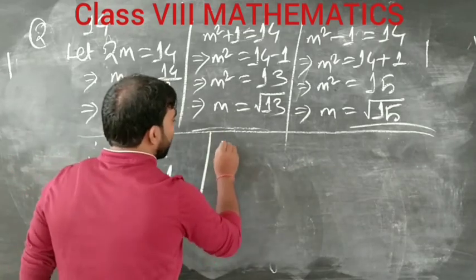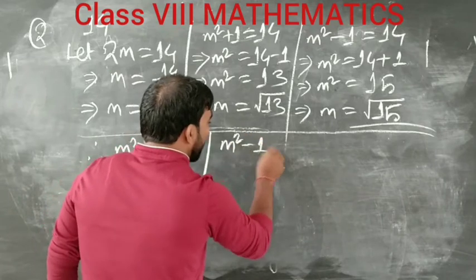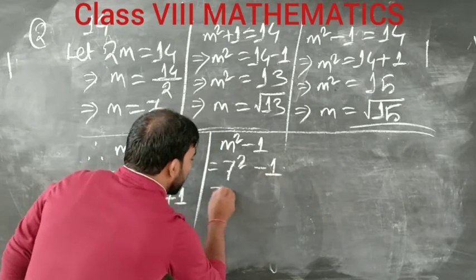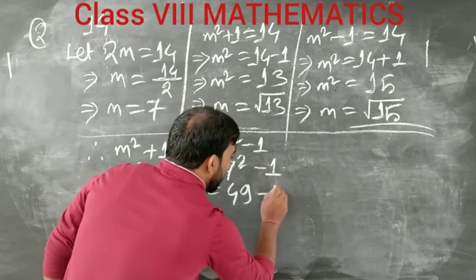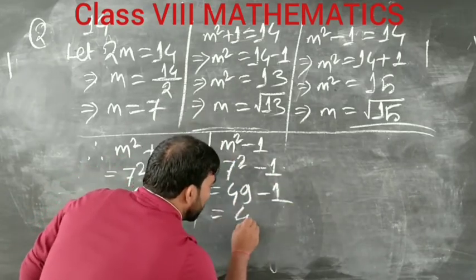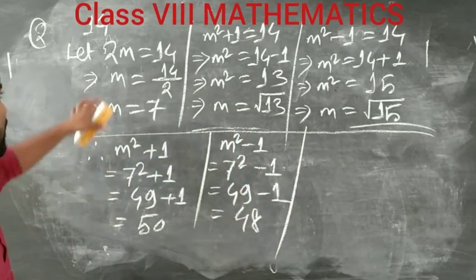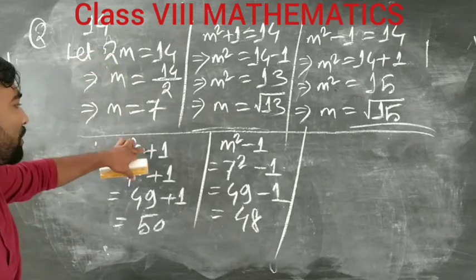Another one is m square minus 1 equals 7 square minus 1 equals 49 minus 1 equals 48.